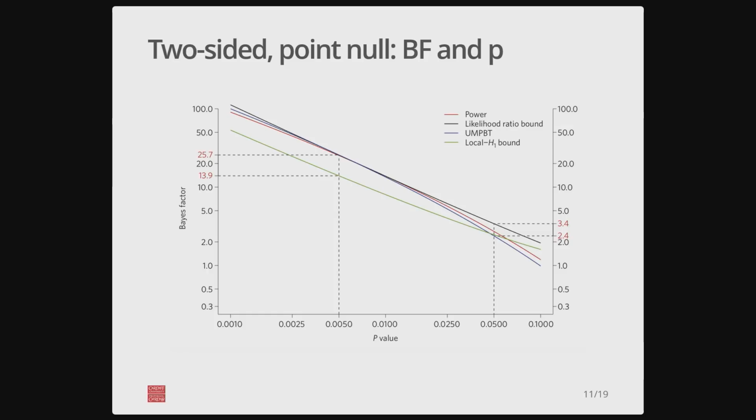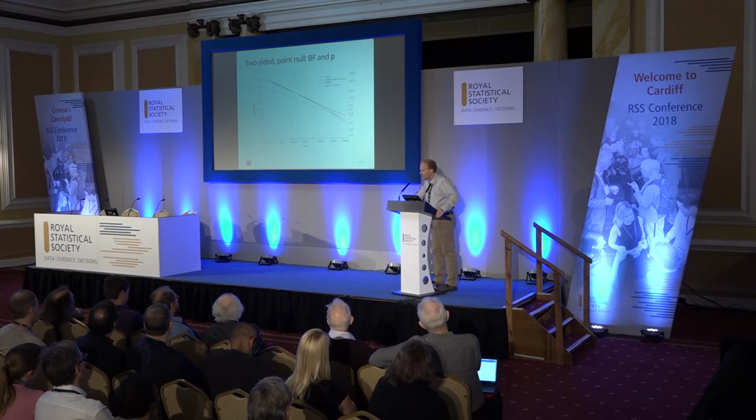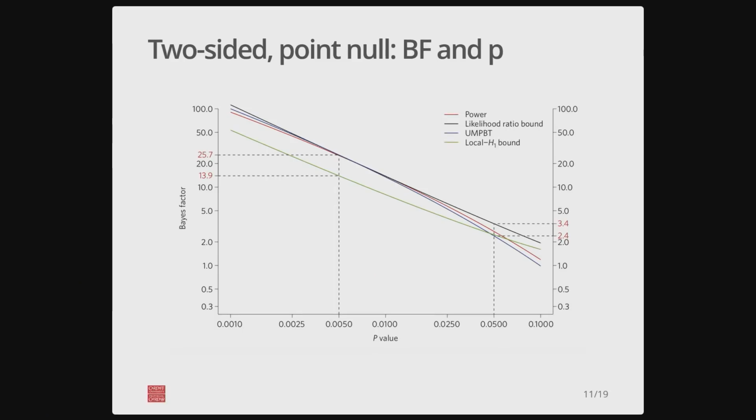And each of these lines corresponds to a different way of doing that. And so the p-value is there on the x-axis, and you can see that the p-value decreases as you move to the left here. The p-value decreases, and you can see that the Bayes factor corresponding to those two-sided p-values, and this is a two-sided Bayes factor, is here on the y-axis.